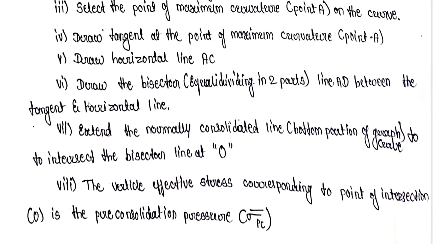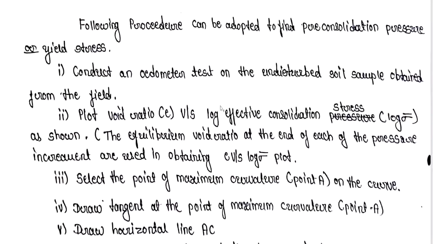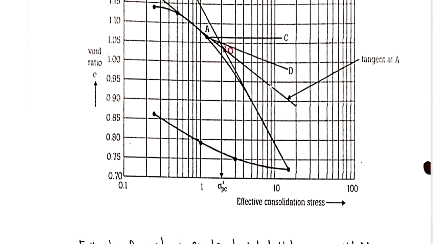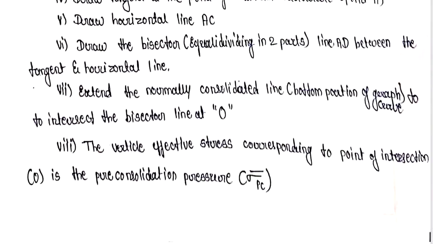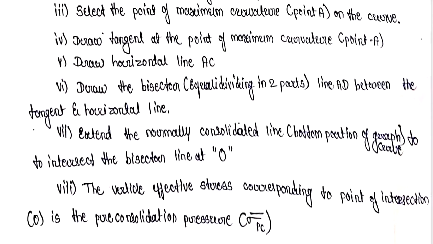You can see this is the tangent and this is the horizontal line. We have to draw the bisector such that it divides this particular part into two equal parts. That line is nothing but AD, so AD I have drawn.